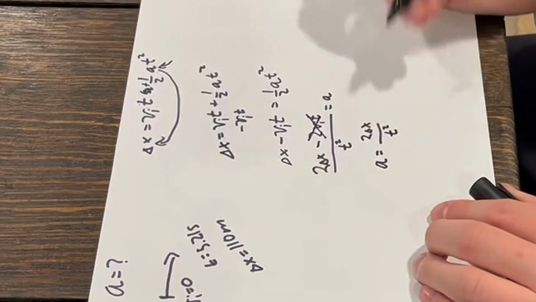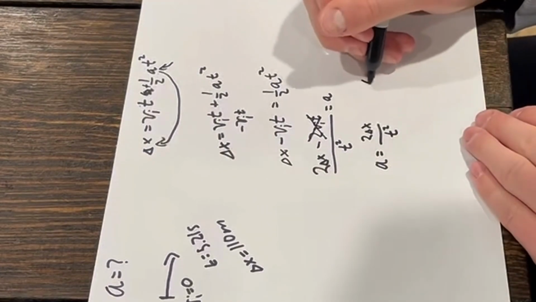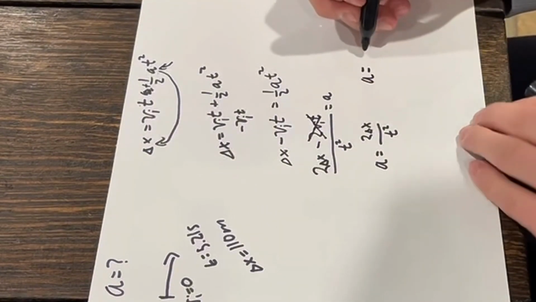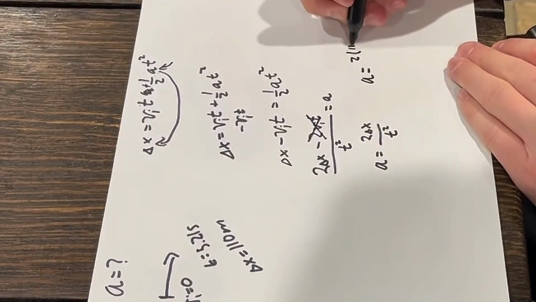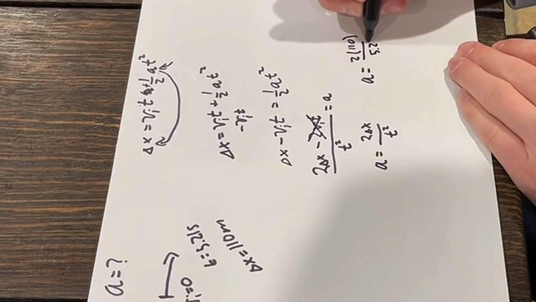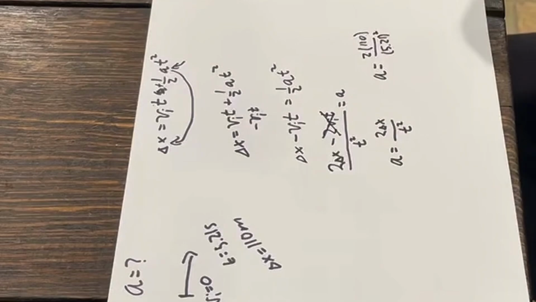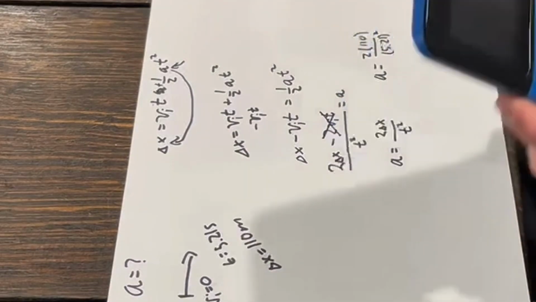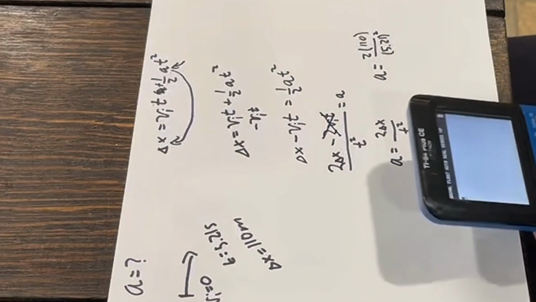Now that we have this final equation, we can plug in our final values. We get acceleration is equal to 2 times 110 over 5.21 squared. If we plug that into our calculator, we get a fraction.